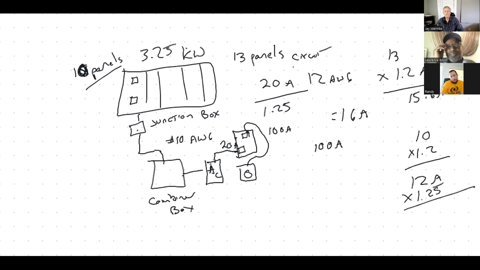And the 1.2 is how many amps each one of these microinverters produces. And I've got 10 of them. So I'm generating 12 amps. Then when I put the safety margin in, I have to size everything based on 15 amps. So in this design, I would actually come in with a 15 amp breaker.